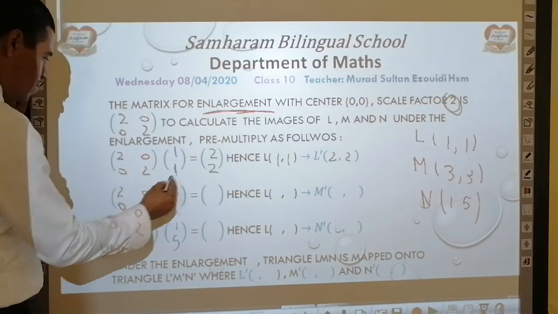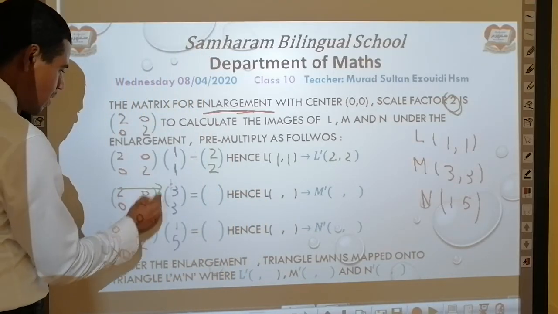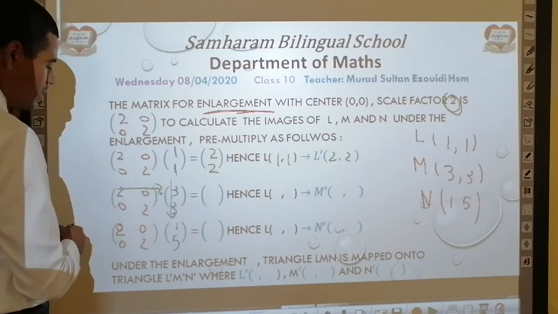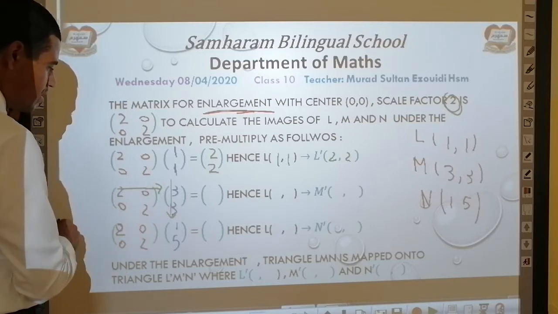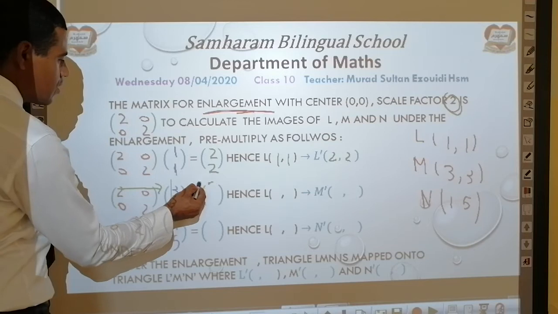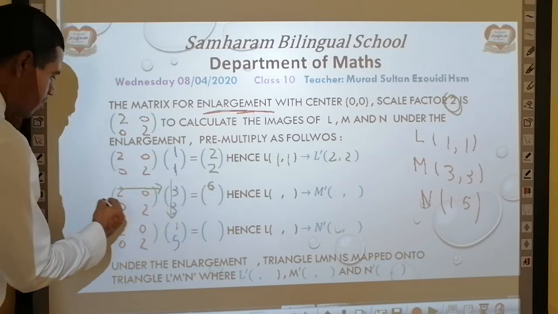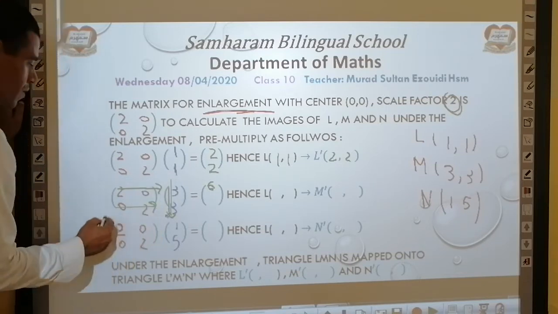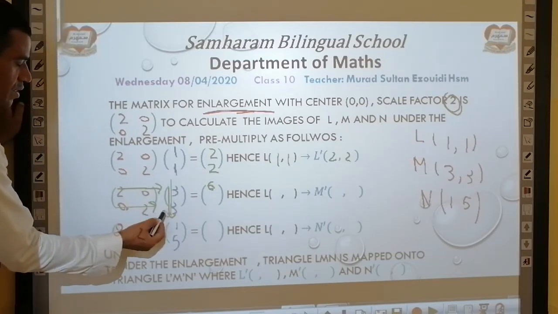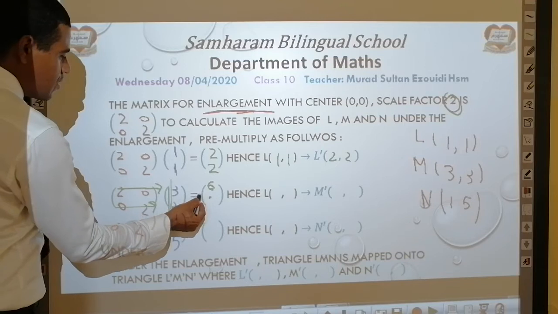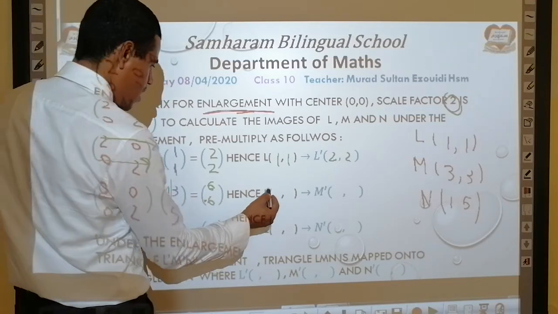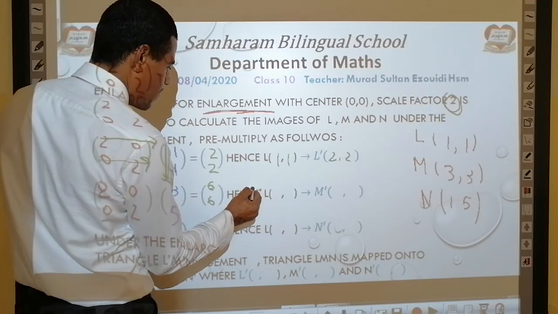Then the next one. This multiplied by that. 2 by 3 is 6, plus 0 by 3, 0. 6 plus 0, 6. Good boy. Then this one also, multiplied by that. 0 by 3, 0, plus 2 by 3, 6. 6 plus 0 is 6. So I can write M. This is M, my kids.